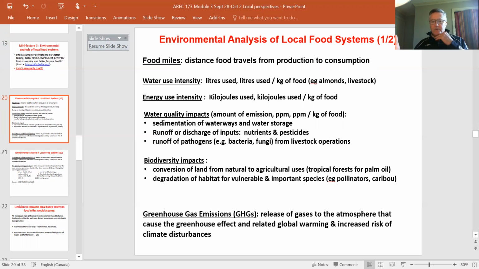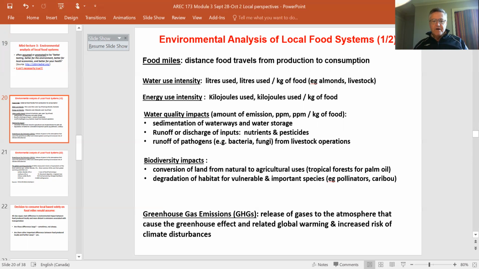This water quality might be fairly tricky. There are 3 different things we think about with water quality. One is sedimentation, so we might raise the food in a way which causes a lot of soil erosion. Once detached from the soil, that eroded soil might move into waterways where it settles, and also causes sedimentation of dams and other water storage devices.